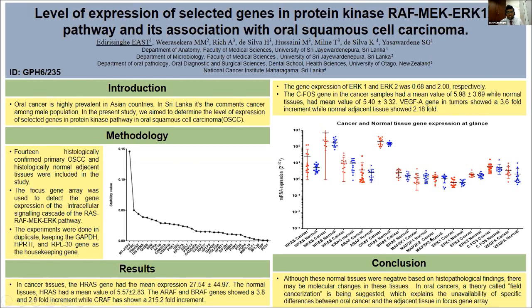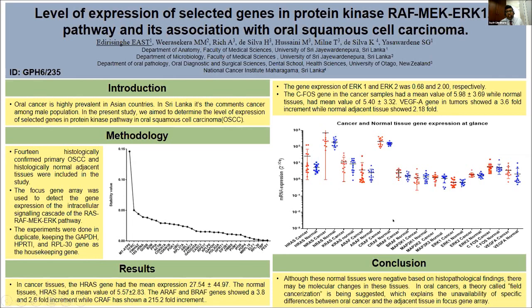As you can see on this chart, we have seen an increment of the selected genes in the RAF, the RAS family, as well as the ERK pathways. Gene expression has increased. If you look clearly, the red dots refer to the cancer, and the blue dots refer to the normal tissue.